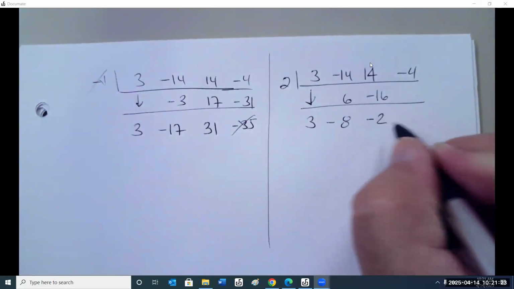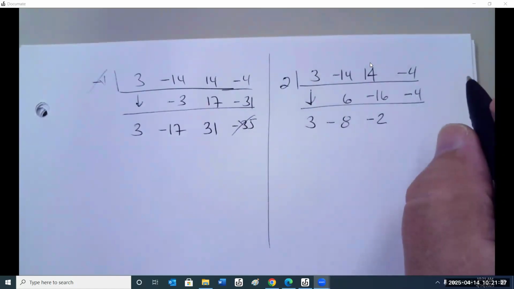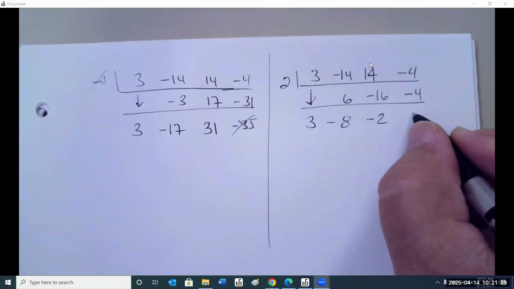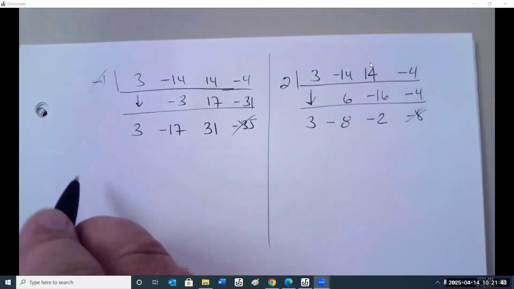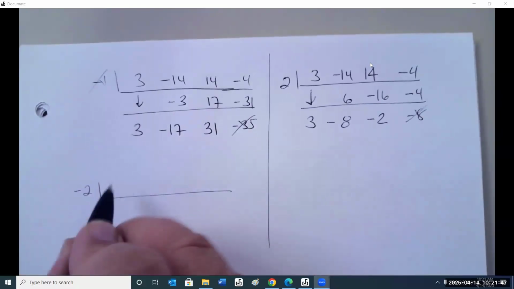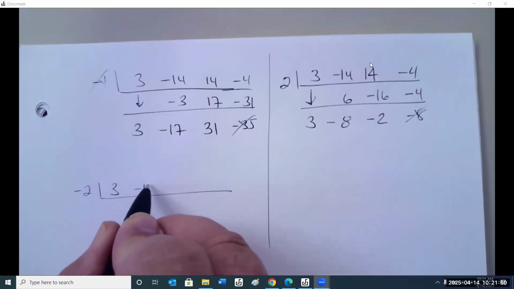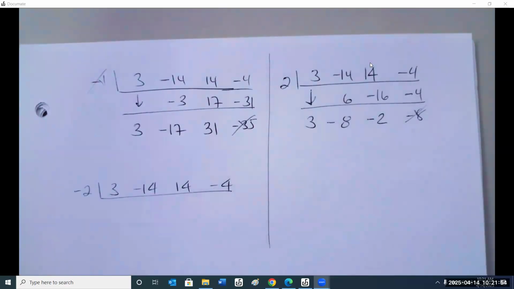Makes it negative 2. 2 times negative 2 is negative 4. And negative 8. Nope, that's not it. Let's try another one. Negative 2. 3, negative 14, 14, negative 4.